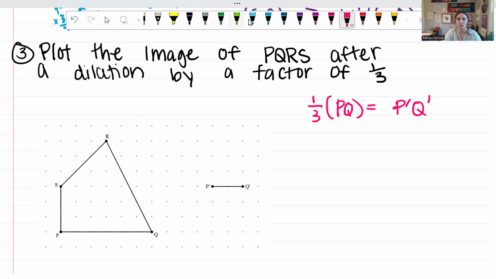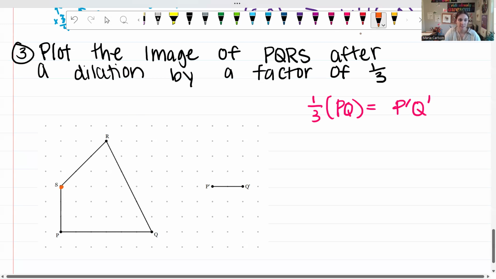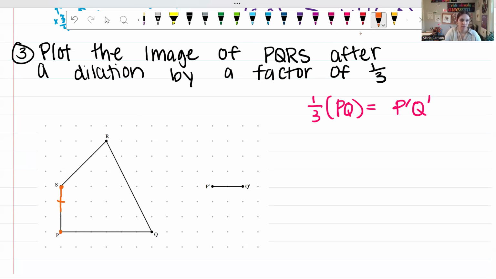So let's do the other side. I'm going to now find the length of SP. So this length is 1, 2, 3 units. So SP is 3, which means if I want to find S prime P prime, I'm going to take 1/3 of whatever SP is.